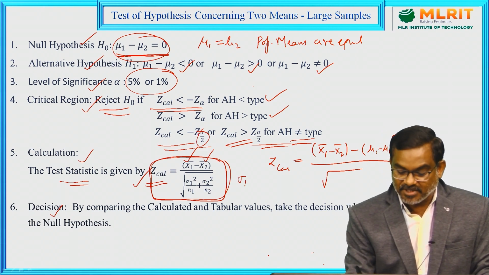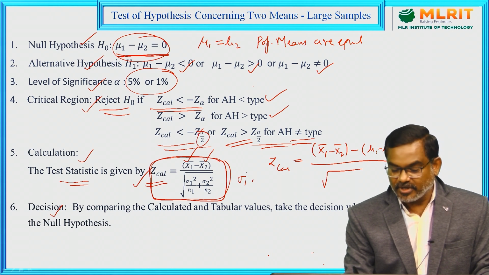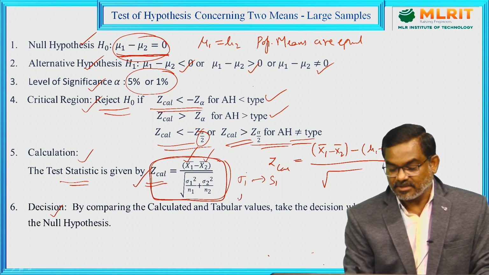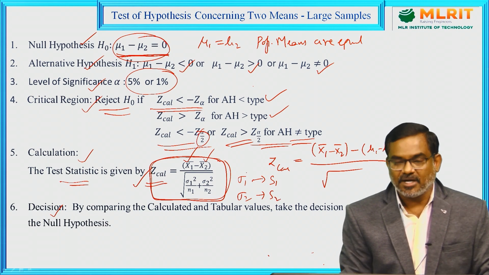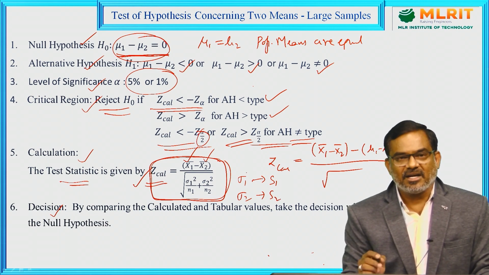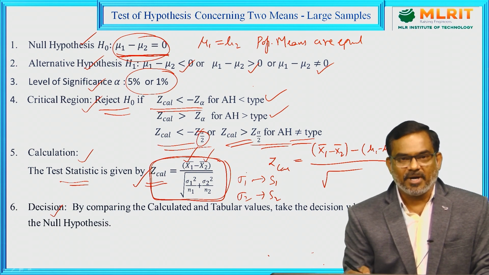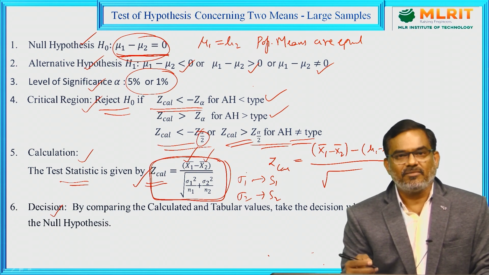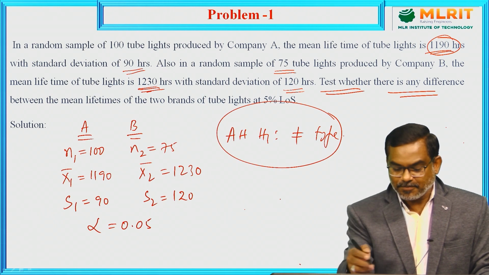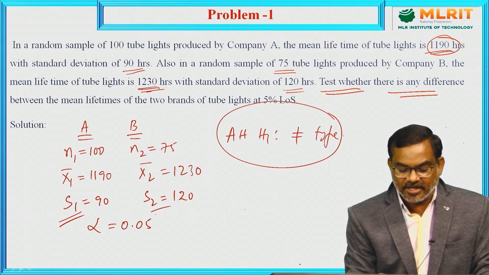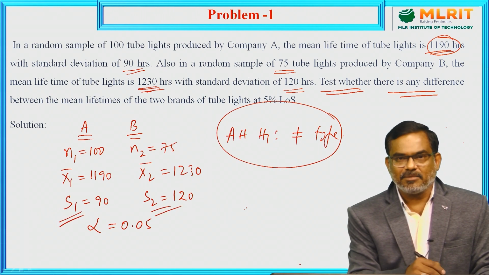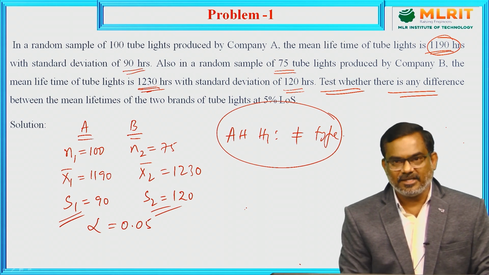For example, if sigma 1 is not given, you can replace it by S1, sigma 2 by S2. If the variances or standard deviations of population are not given, we can replace them by corresponding values of sample. So, here in this problem S1 and S2 are given. So, we replace sigma 1 by S1 and sigma 2 by S2.